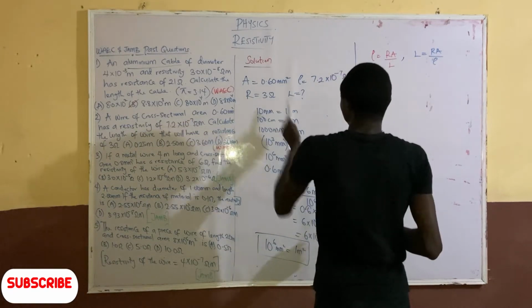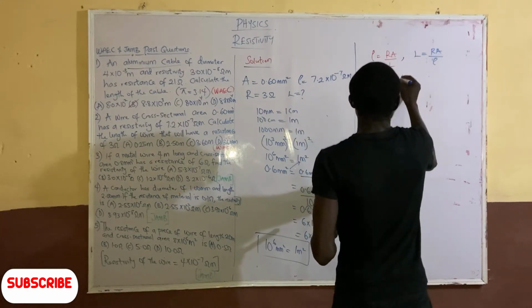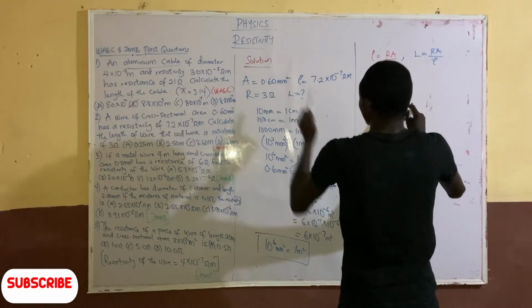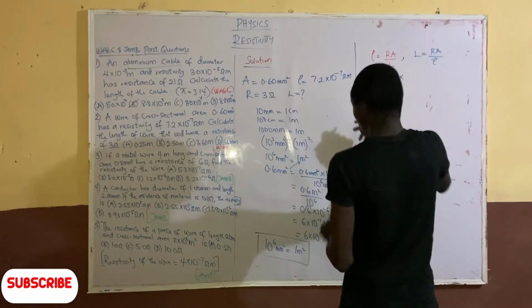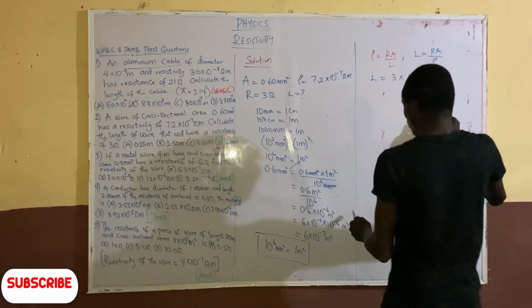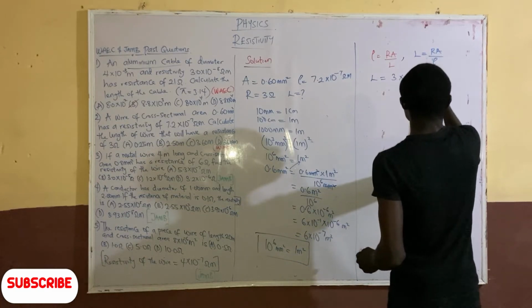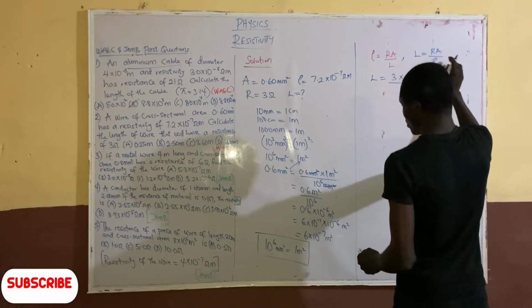When you substitute our values, your resistance is 3 ohm multiplied by the area, which we just converted, 6 times 10 raised to the power minus 7 meters squared, all over resistivity.